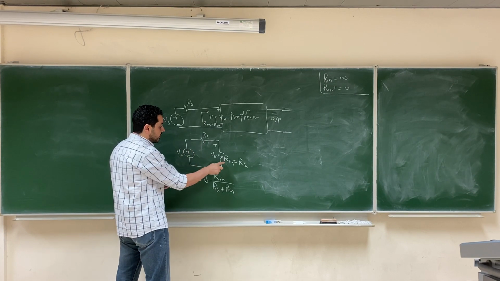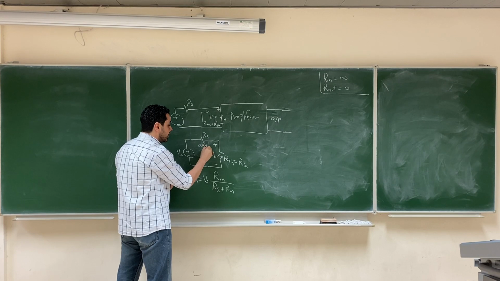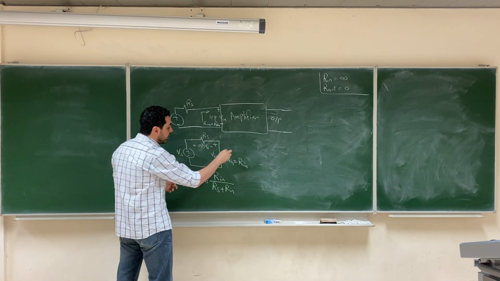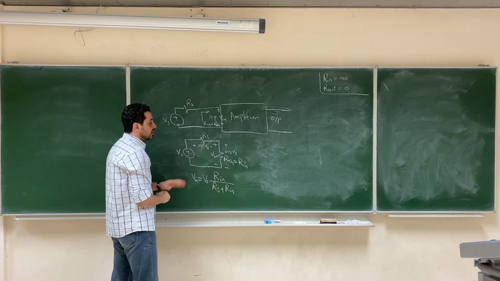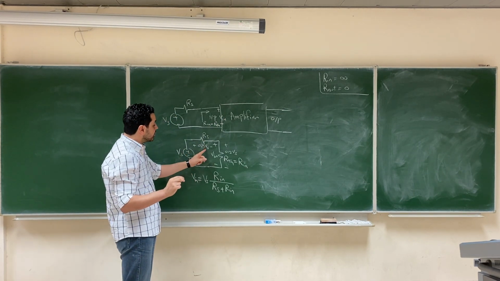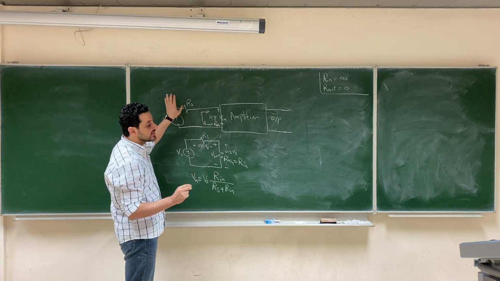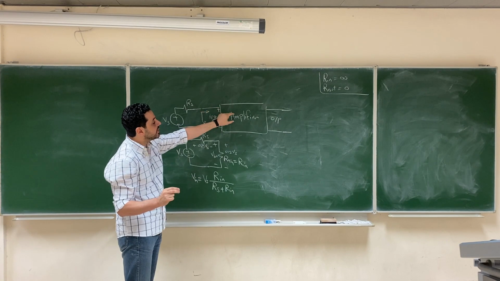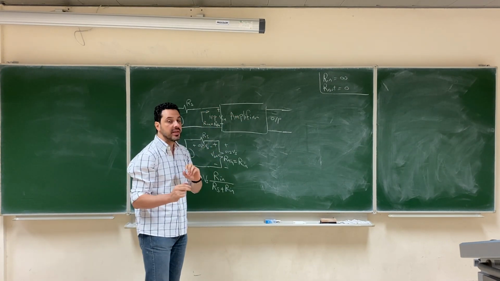For example, if R input is small, 0.8 Vs will appear across Rs, while only 0.2 Vs will appear across the amplifier. So you will waste 0.8 of your source voltage across the internal resistance of the source, and only 0.2 will go to the amplifier and be amplified.